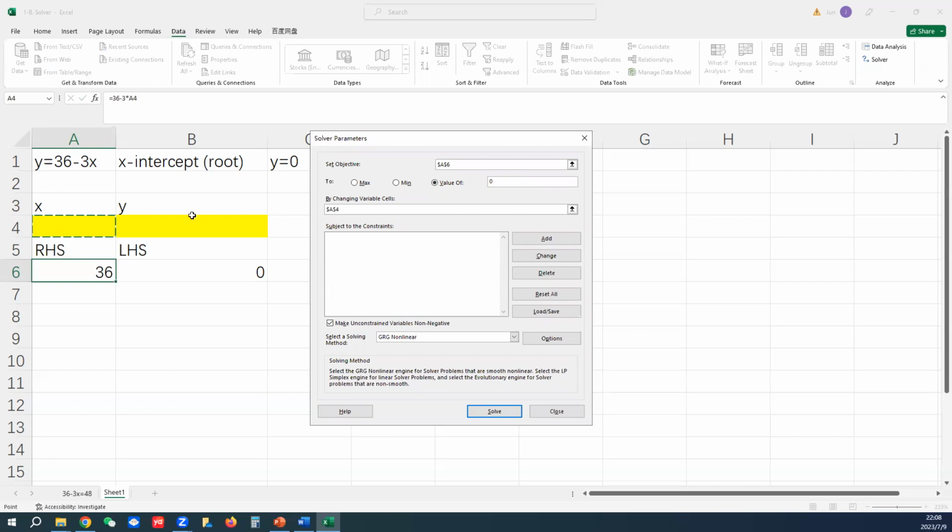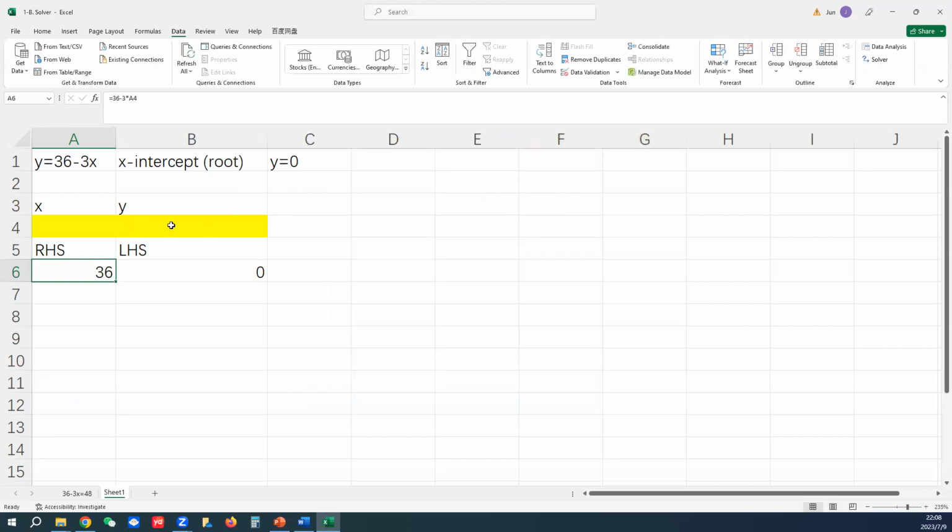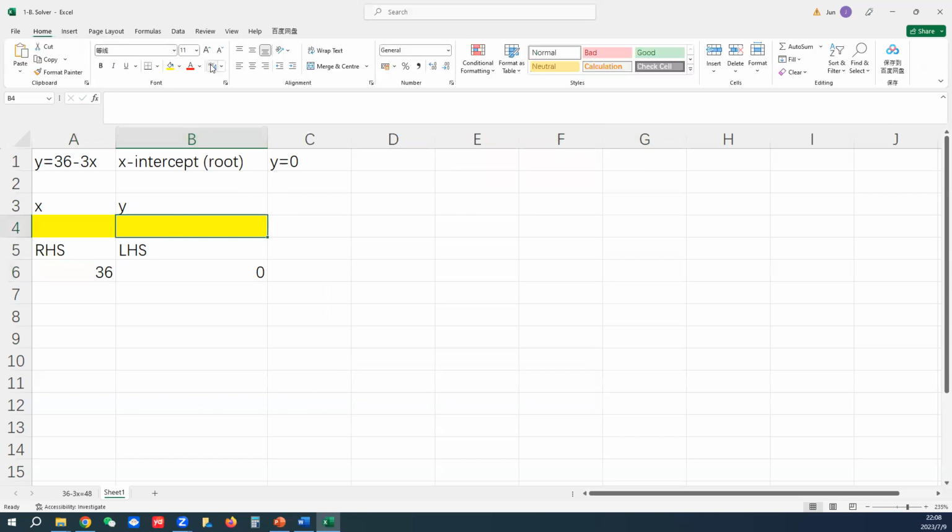Here y is given to you as 0, so actually you don't have to color it. The only true variable, the only one that actually changes, is x. We're finding the x that makes y equal to 0, namely making the equation 0 equals 36 minus 3x hold.